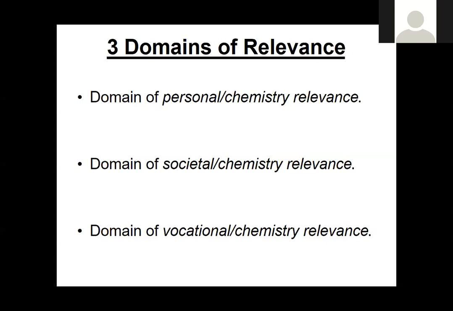However, the way that you're going to teach this so-called relevance in terms of the domain, these three domains of relevance, came down from the three main goals of education. Anybody knows what the three main goals of education are?